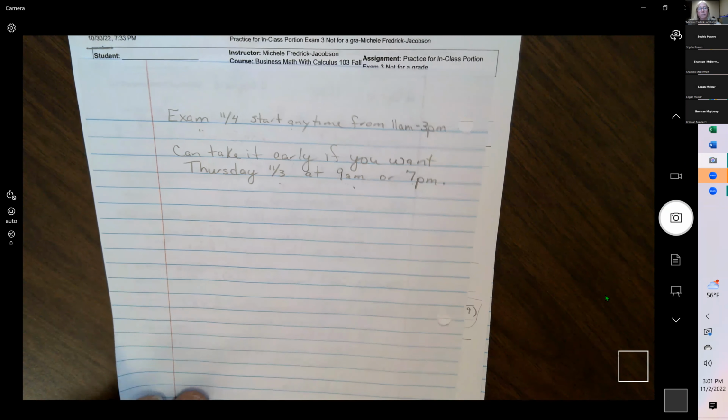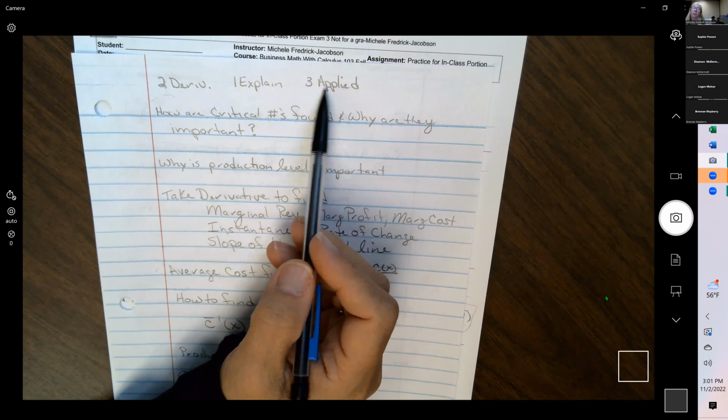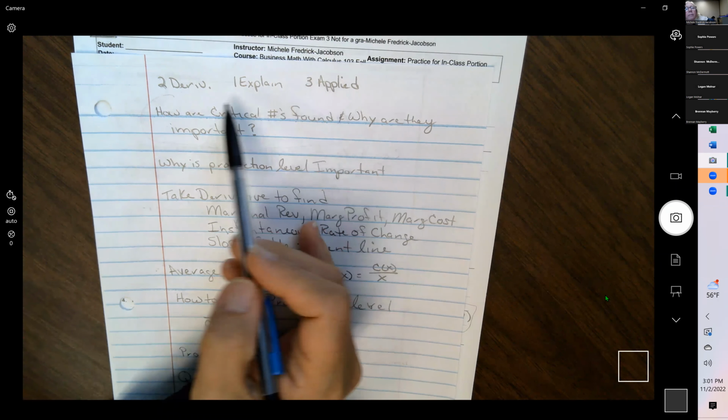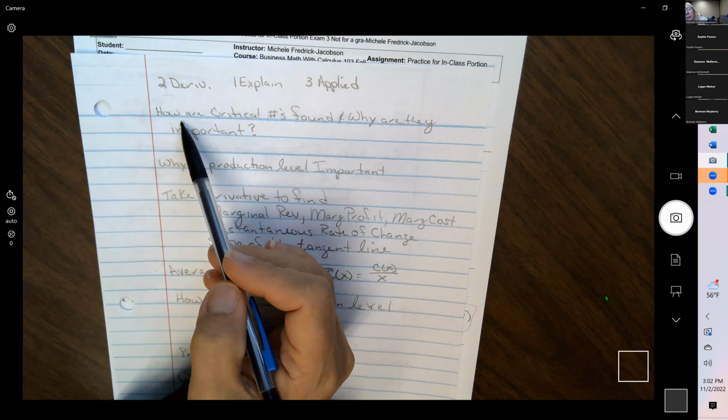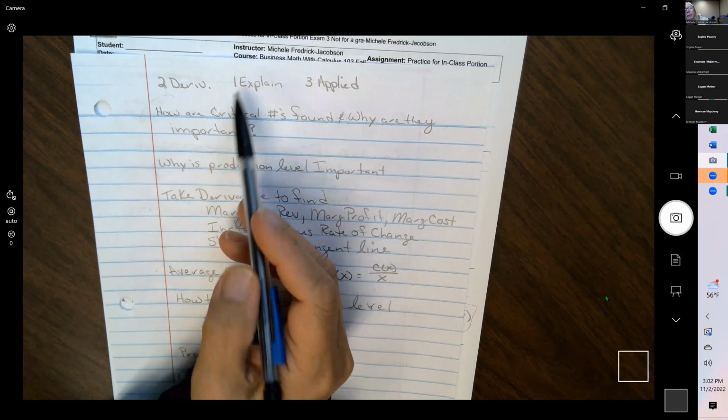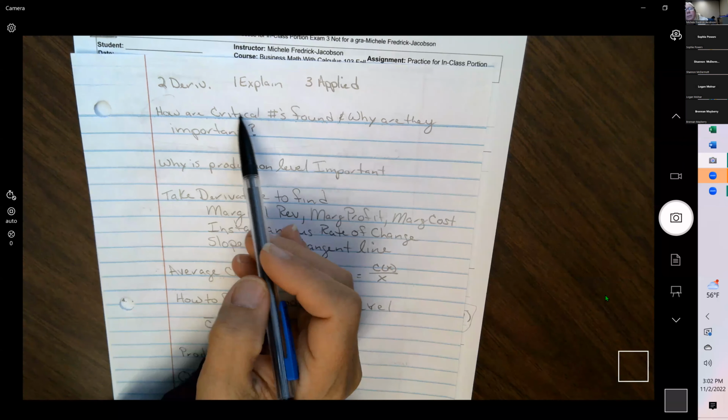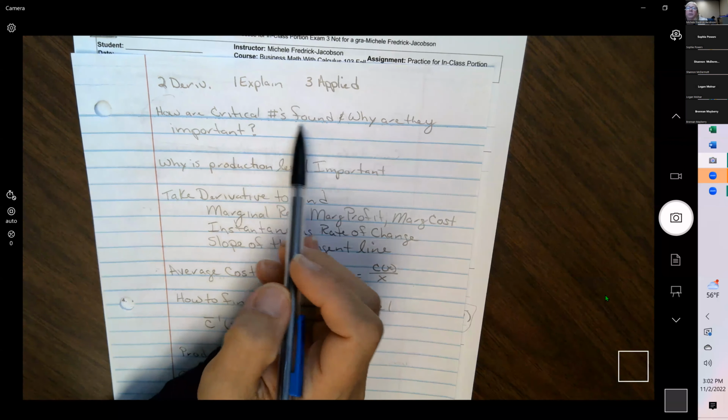I changed one of the, well, I didn't change it. I just took the derivative out of it. So there's 2 derivatives, there's 1 explanation, and then there's 3 applied problems. The explanation one is, how are critical numbers found and why are they important?